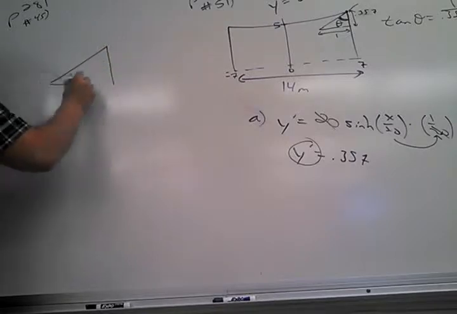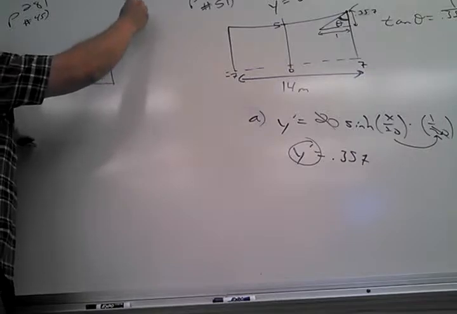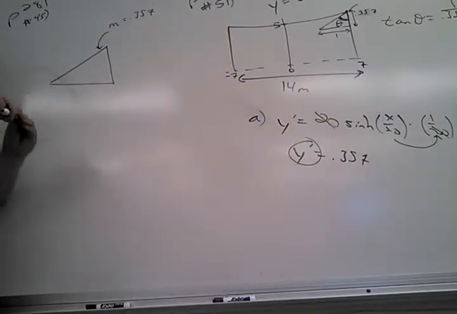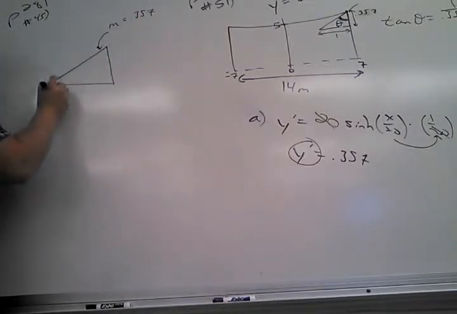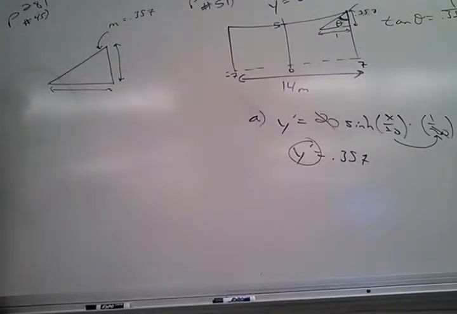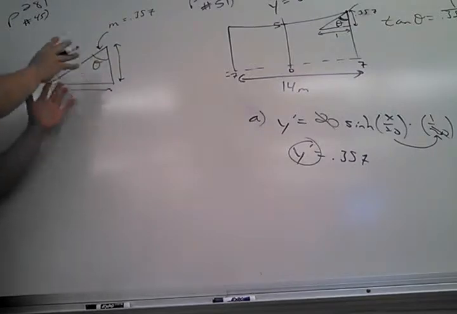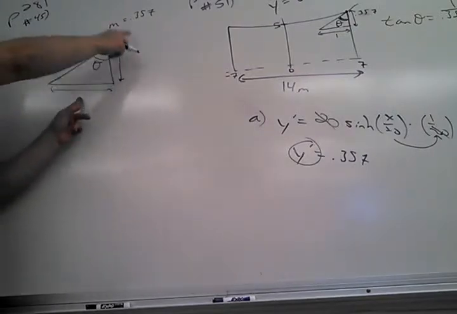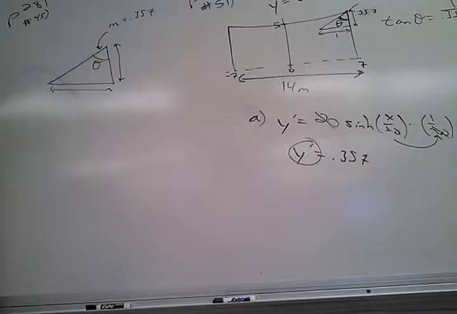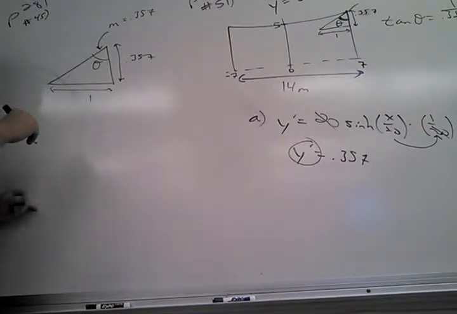First off, this line has a slope of 0.357, which means, of course, slope is change in y over change in x. Whatever these are, however big I make my triangle, the ratio has to reduce to 0.357. So I can make this 0.357 and that 1. All right.